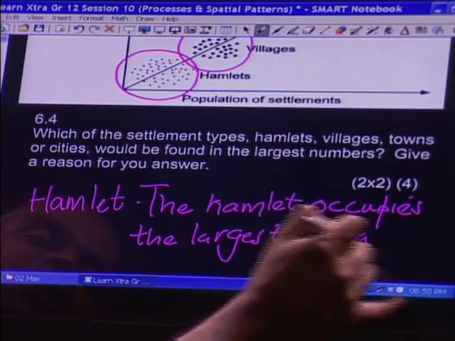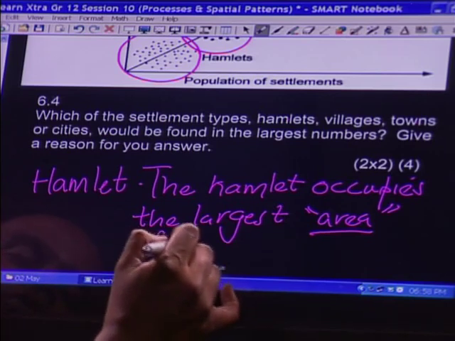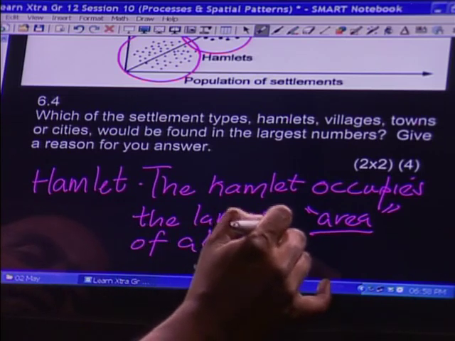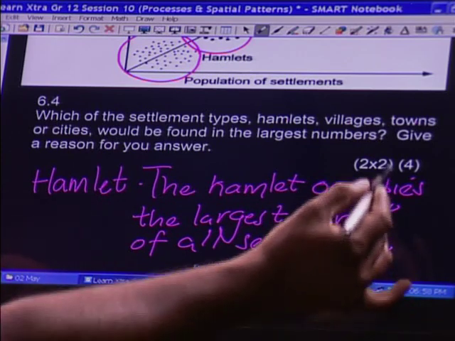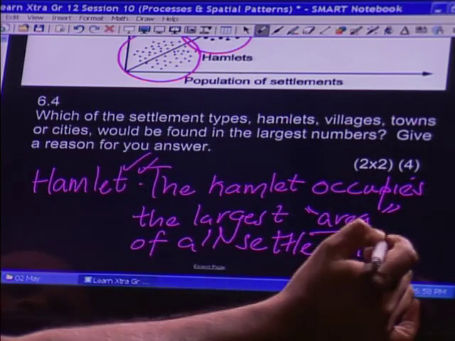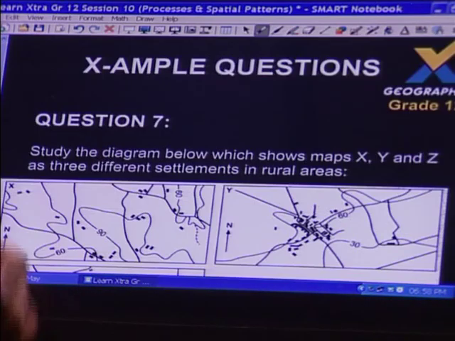Your key word is area of all settlements. And that would afford you the 2 marks. And there, 2 marks. Moving on.